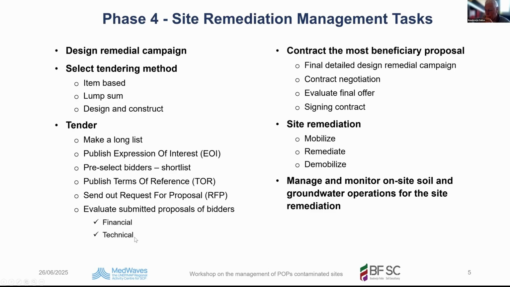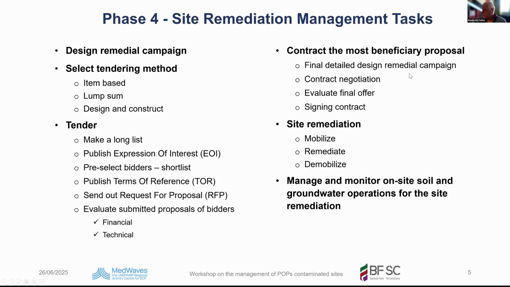And nowadays, the technical score should be dominant above the financial score. But there are several formulas to do that, and most likely you also have these regulations in your country. But don't look only at the finance, but also look at the quality of the bidder and the experience of the bidder. Contract the most beneficial proposal.